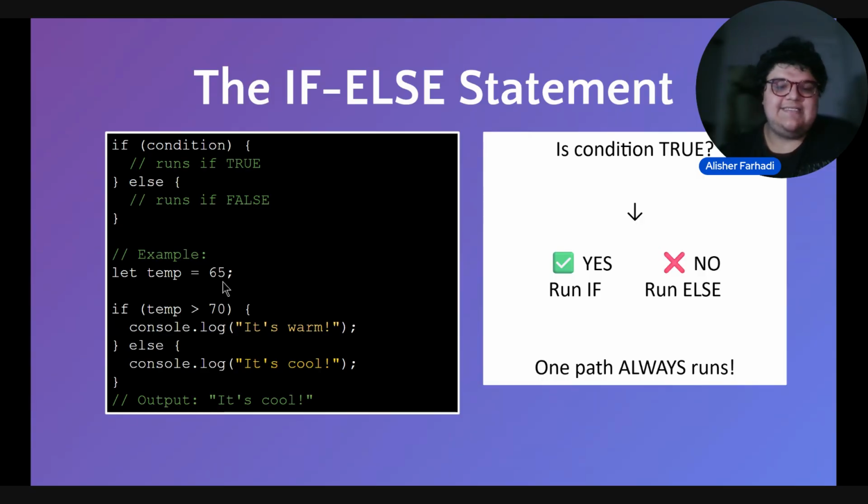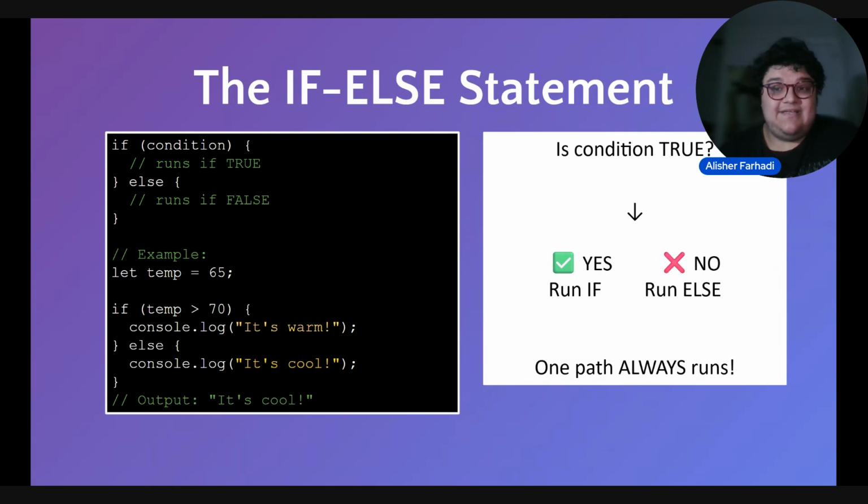And in this case, since 65 is less than 70, the condition is false, the condition is not met. It's going to output whatever action is inside of the braces here in else. And you can start seeing how these are structured, right? We have if condition plus action, else, condition not met, another action.